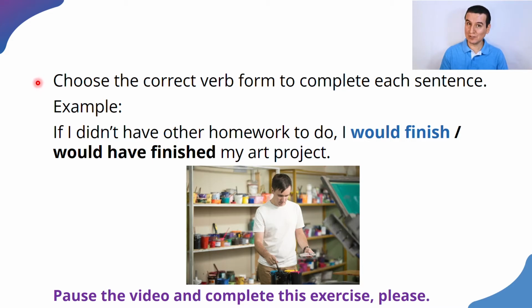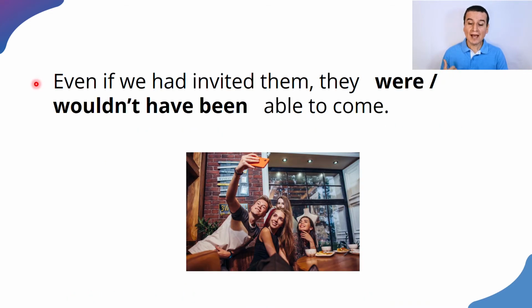All right, I hope that you paused the video and completed the exercise. Let's look at the first one. It says, even if we had invited them, they were able to come, or they wouldn't have been able to come. Even if we had invited them, what is the answer?